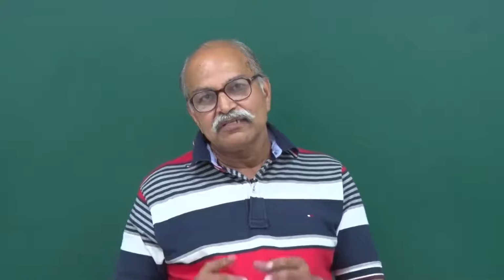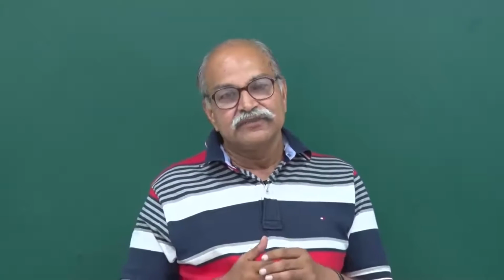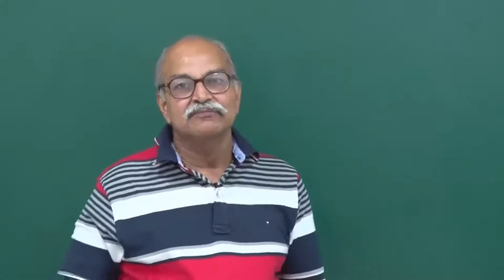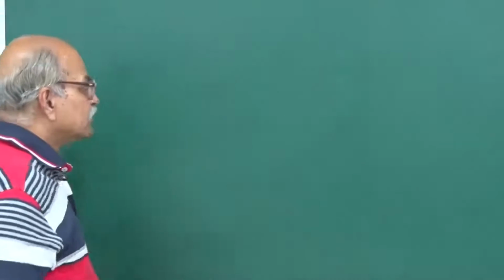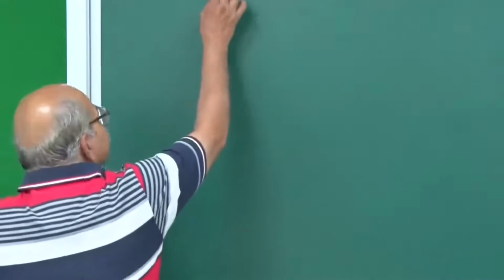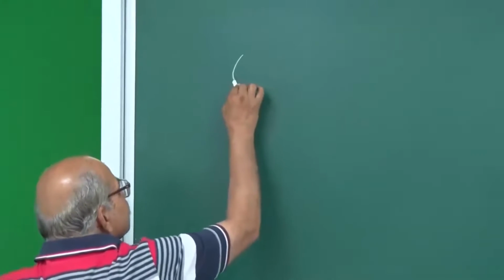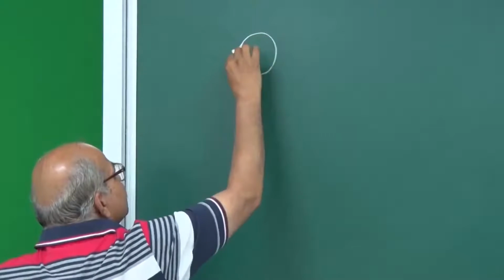So, I talked about some of the nomenclatures, some of the geometrical parameters, some of the doping parameters. Essentially we have three parts, three units or three terminals, let us say. The symbol is like this.